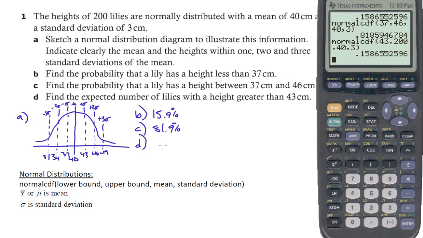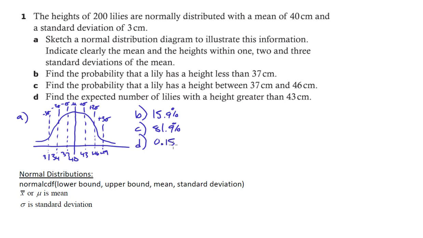Okay, so I'm going to write this as a decimal, and I'll show you why here. 0.159. Okay, now we have 200 lilies, so if you're finding the expected number of lilies, about 16% of those 200 lilies are going to have a height greater than 43. So I'm going to take my 0.159 and multiply it by the total lilies I have.